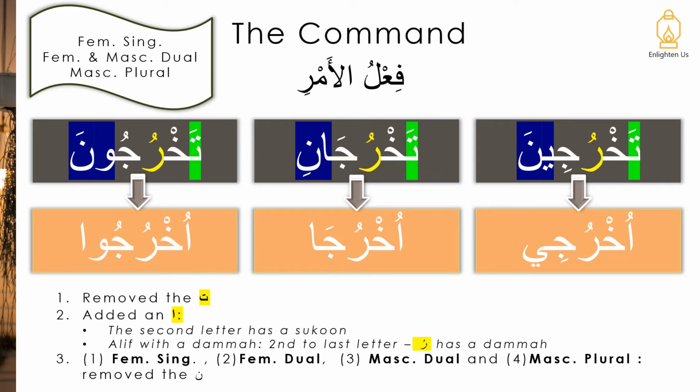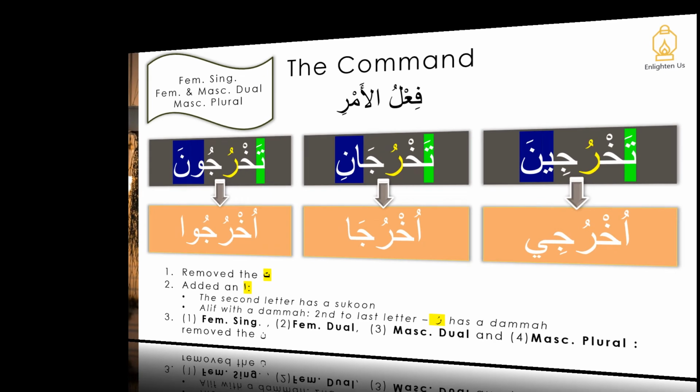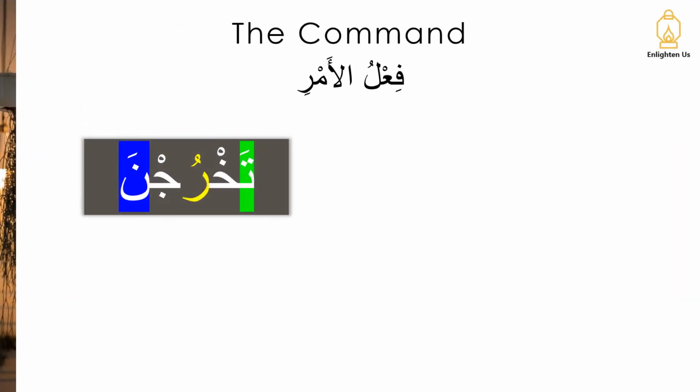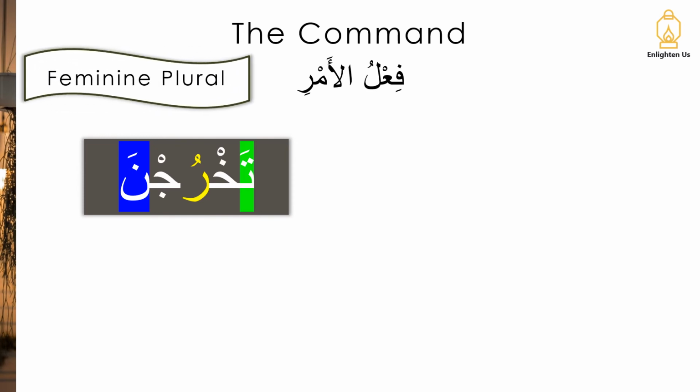Let's have a look at our last example. Now we have takhrujna. Now this is if you were speaking about a group, so three or more females. But what if you wanted to give them an instruction?